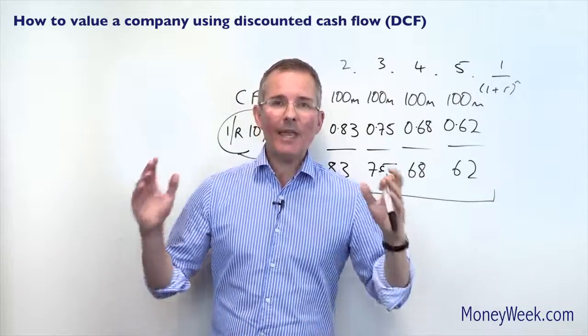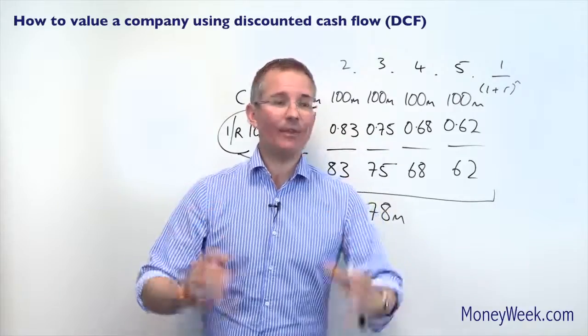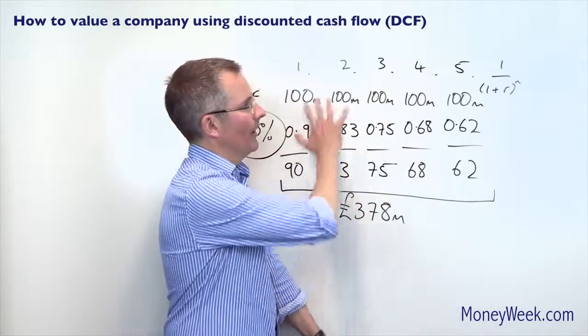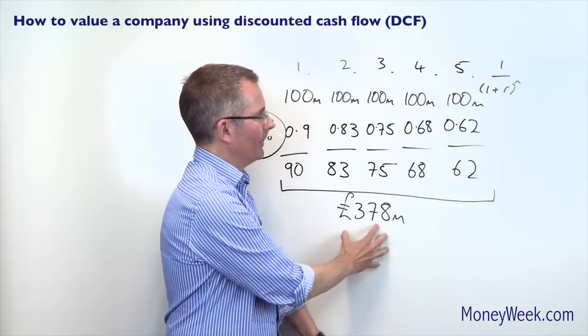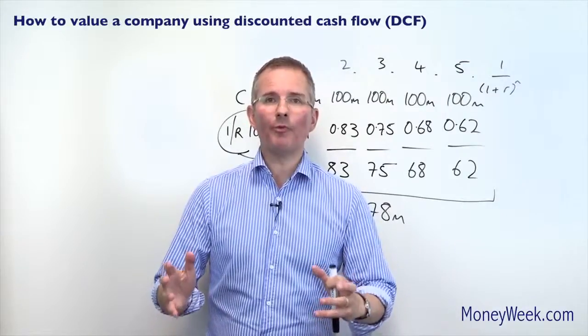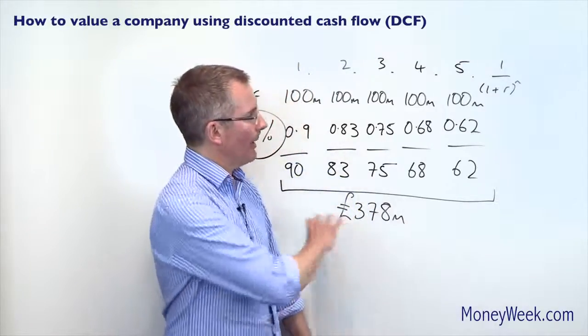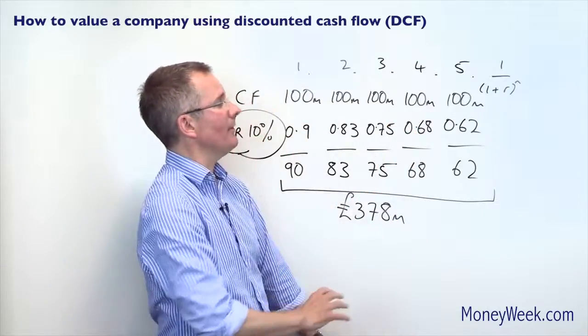All right, so there you have it. Well, what do you have exactly? What you have is a technique that looks quite scientific, especially done in full, and gives you a number. Sounds good, 378 million, okay? But valuing companies isn't easy. There's no foolproof scientific method. It requires you to make quite a few assumptions. It requires you to do forecasting. It requires you to come up with the right interest rate.